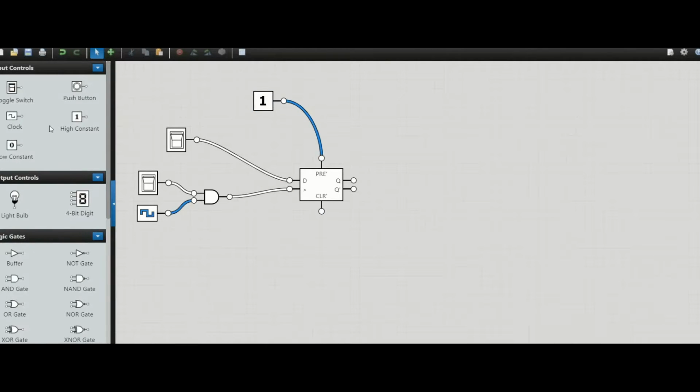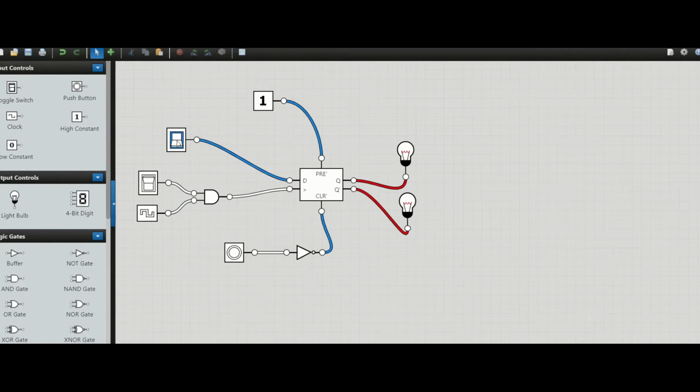T flip-flop. Now we are connecting two switches, a clock, an output, and a NOT gate. Starting this, connecting to the clock signal, getting two outputs, turning on the first switch.